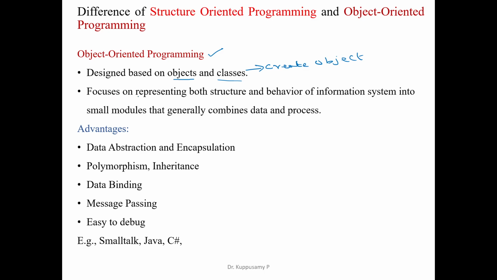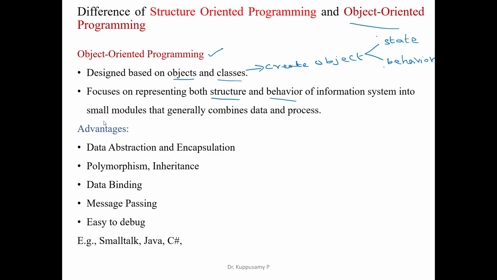It focuses on the structure and behavior of the information system. So this object has a state and behavior. State and behavior. So OOP focuses on both state and behavior of the information system.